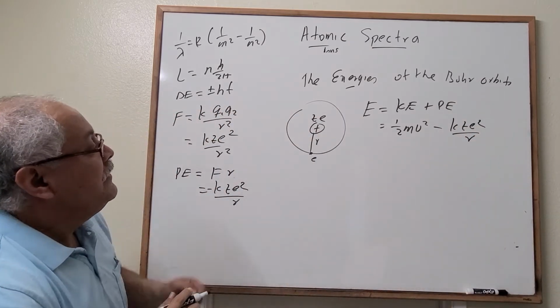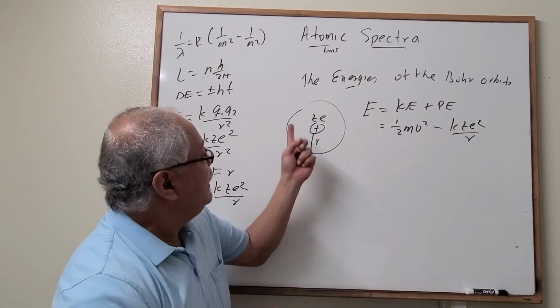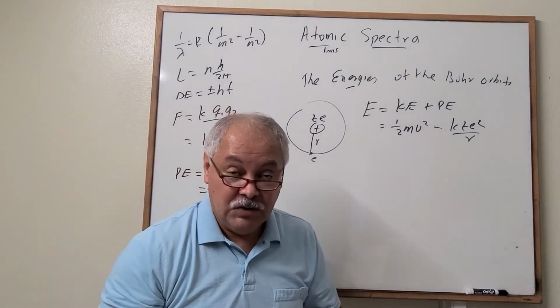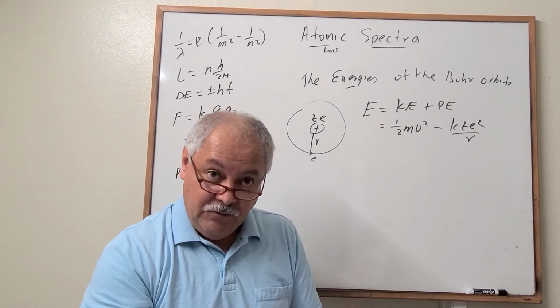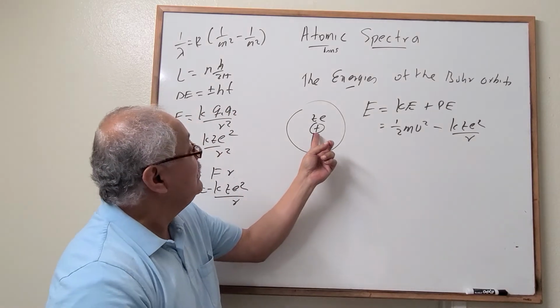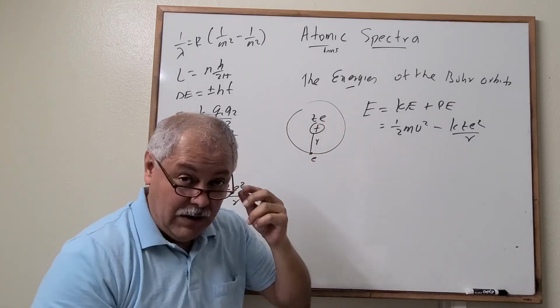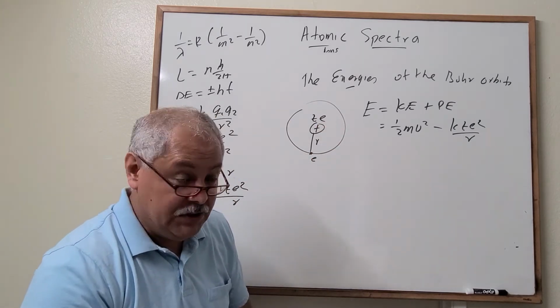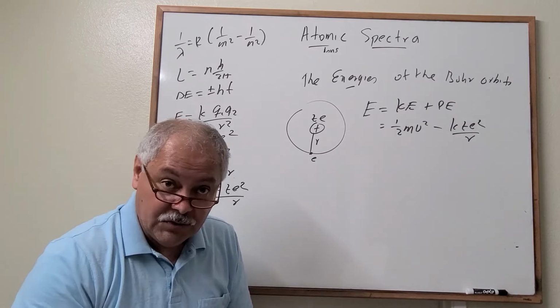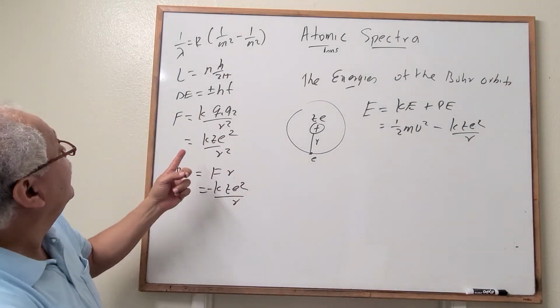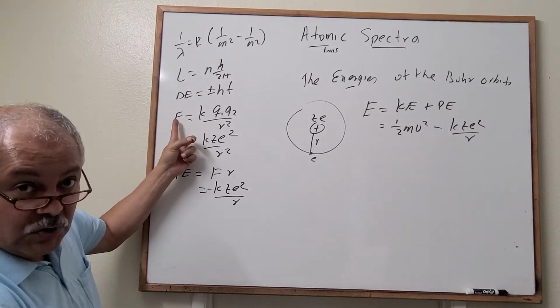Okay, great. Now, when we have an object moving in a circular path, remember the net force is equal to the centripetal force. So the force acting on the electron to keep it moving around the positive charge is the centripetal force. And that force must be equal to the electrostatic force, Coulomb's law.